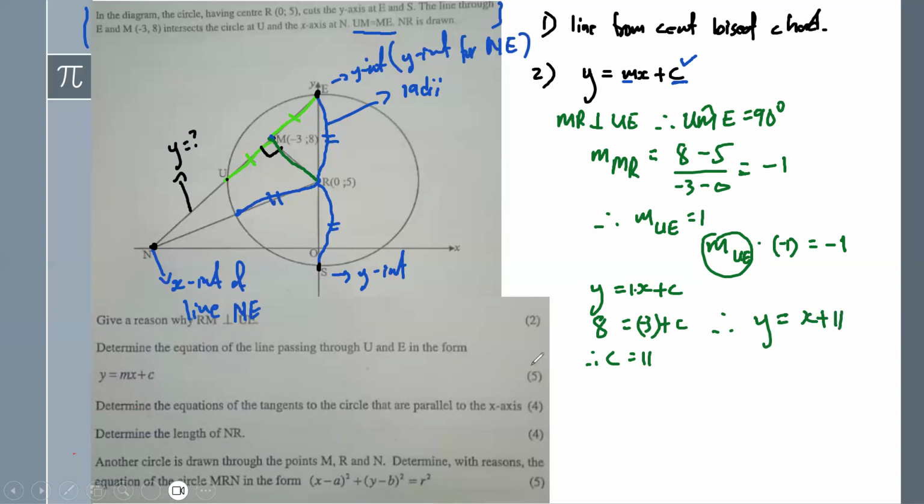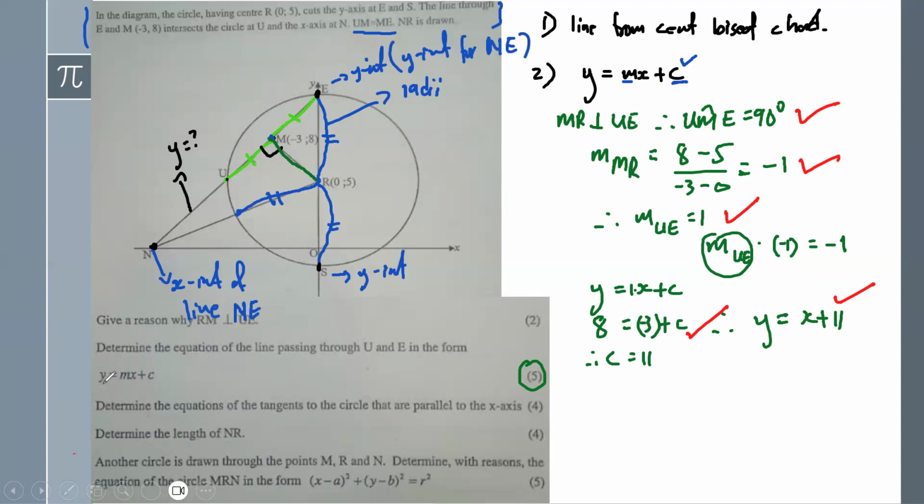And I think with all the trouble we've gone through, this is worthy of 5 marks. It is worth 5 marks. They'll probably credit you for finding that gradient and for concluding that this gradient is that, and probably 1 mark for the reason, then obviously 1 mark for finding that and a final mark for doing that. They'll probably credit you that way.